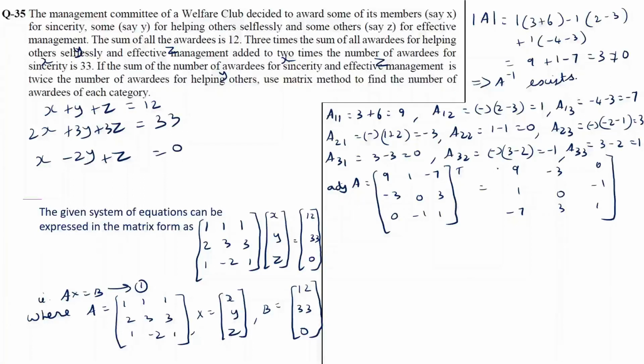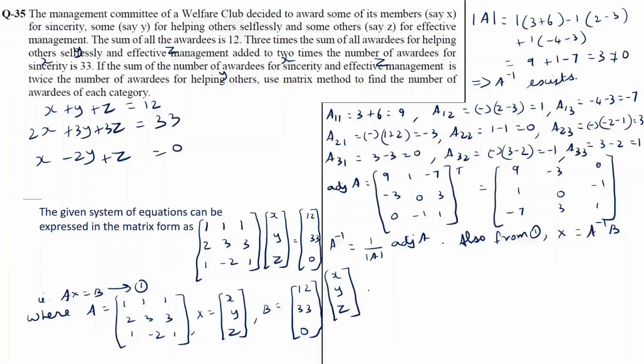This is the adjoint of A. Now, we know that A inverse is equal to 1 by the determinant of A into the adjoint of A. From 1, X is equal to A inverse into B. So from this we can find x, y and z.